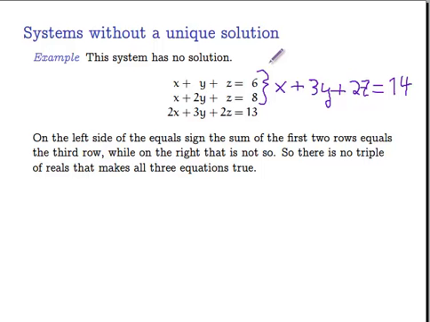I'm sorry, I forgot this is a 2x here. It can't possibly be the case that 2x plus 3y plus 2z equals 14 and 2x plus 3y plus 2z equals 13. It's not possible to find x, y, and z that satisfies both of these equations.